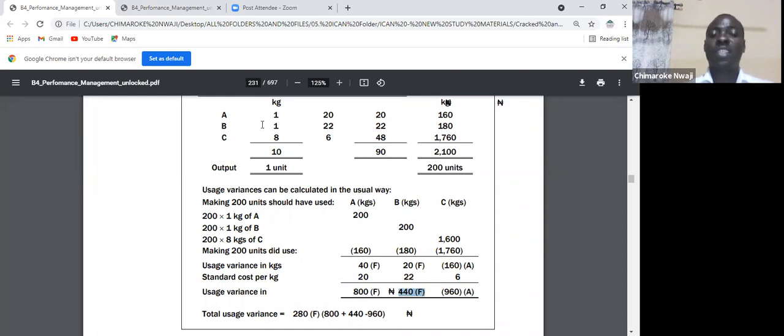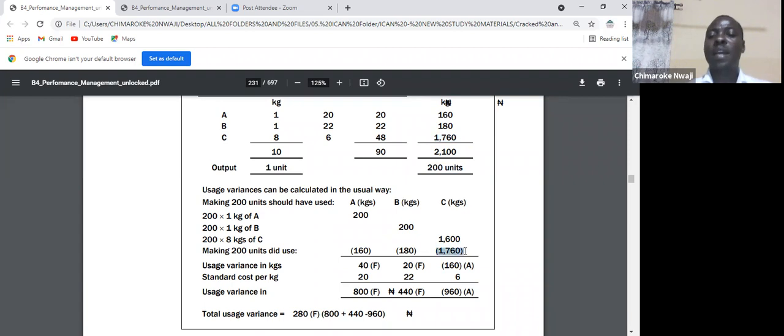So we'll go to C. If you are supposed to use 8 kilograms for 1 unit, and then you went ahead to do 200 units, 8 times 200 should give you 1,600 kilograms. But your actual result shows that you used 1,760.